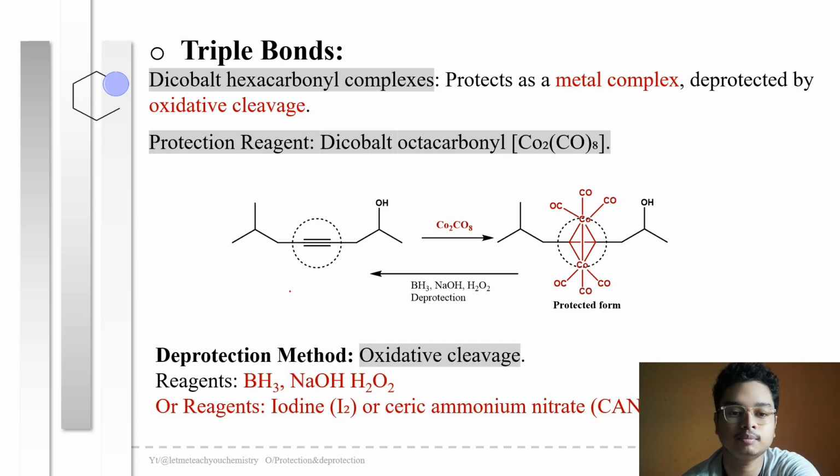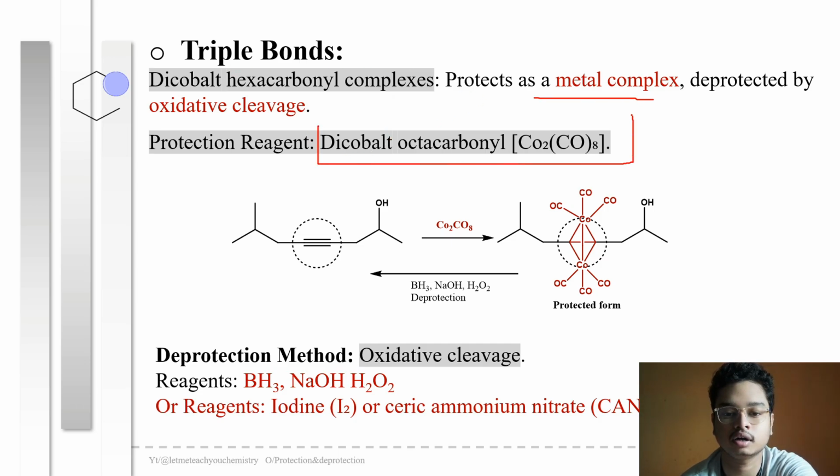For the triple bond protection, a metal complex formation is used: dicobalt hexacarbonyl complexes. The reagent is dicobalt octacarbonyl, Co2(CO)8. So when a triple bond is treated with this metal complex Co2(CO)8, it generates this type of metal complex, and thus the triple bond is protected.